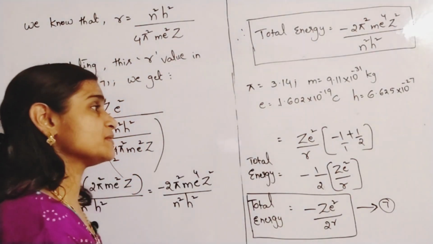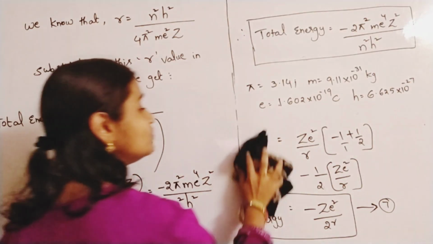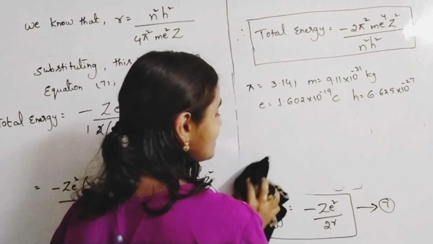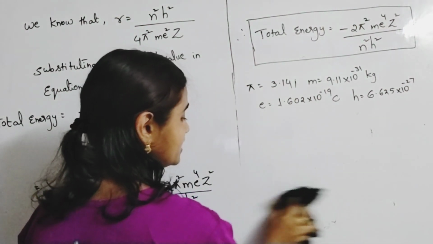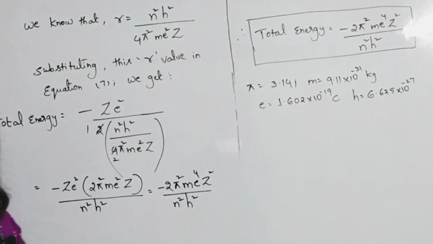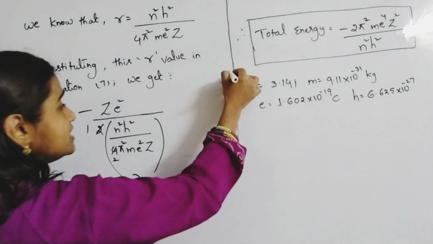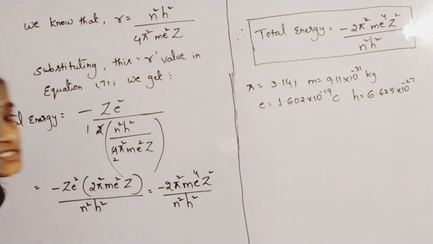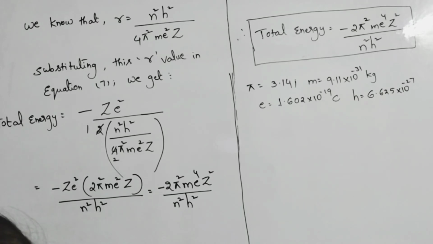If you substitute all these known values in the above expression, then you will get the values for the energy of the electron in various units.